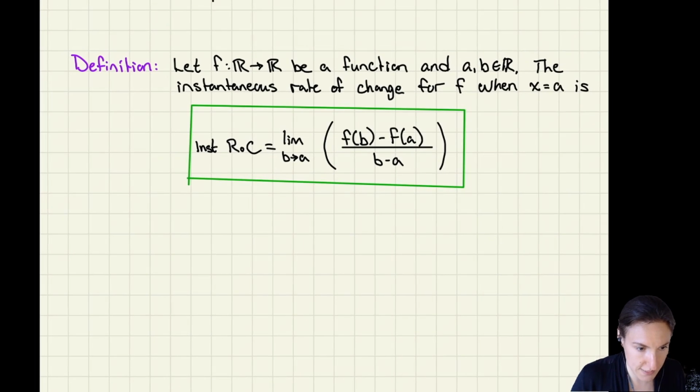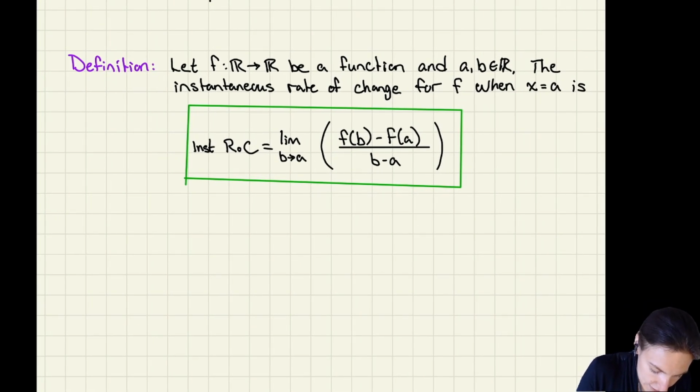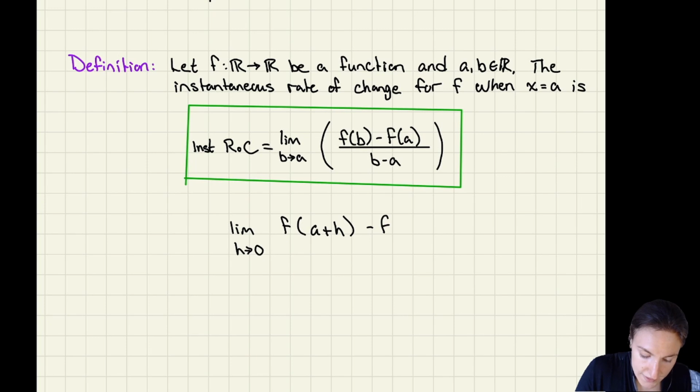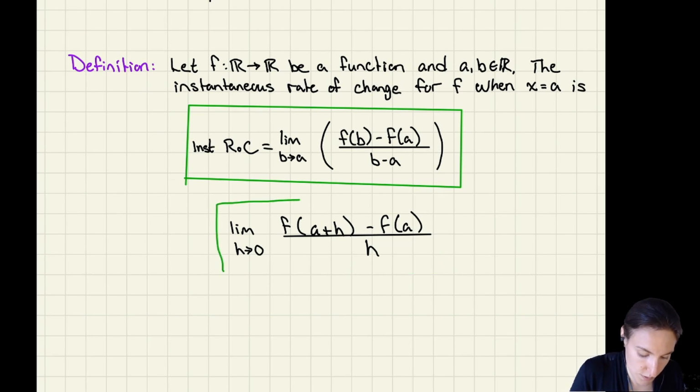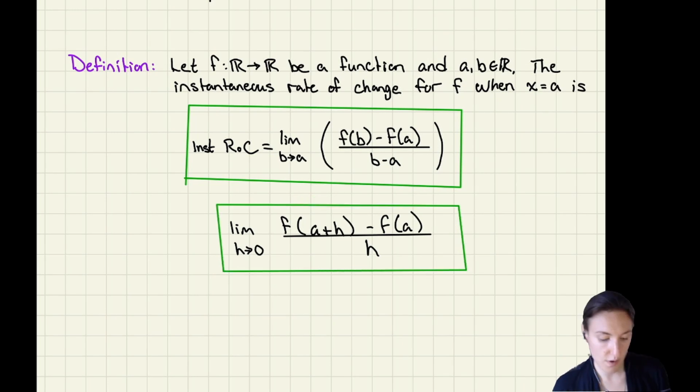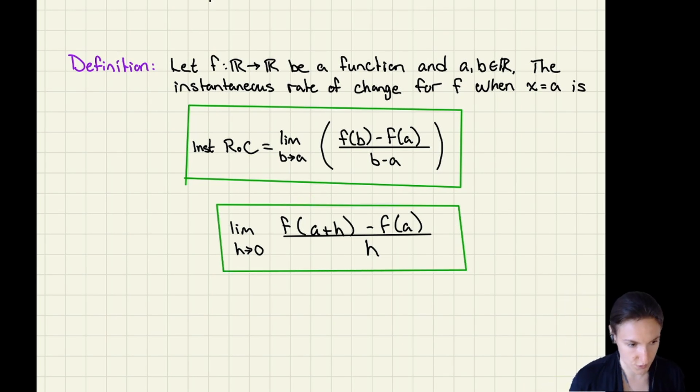Another way we can phrase this is we're looking at the limit as h goes to 0 of f at the point of interest a, plus a little bit, minus f at a, all divided by h. These mean the same thing, but the one that you're probably going to want to get used to is the one with the h, because we're going to be defining derivatives with this.